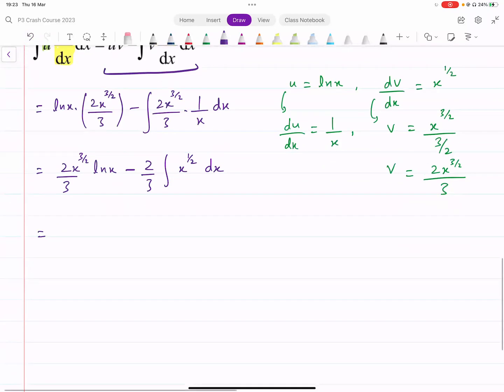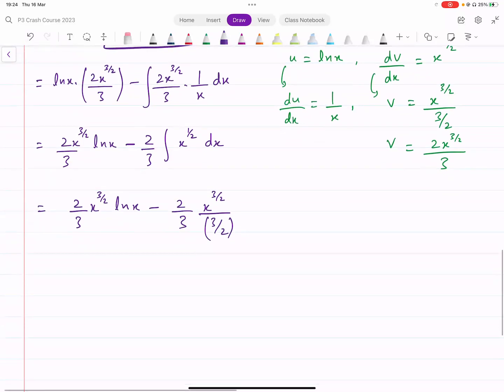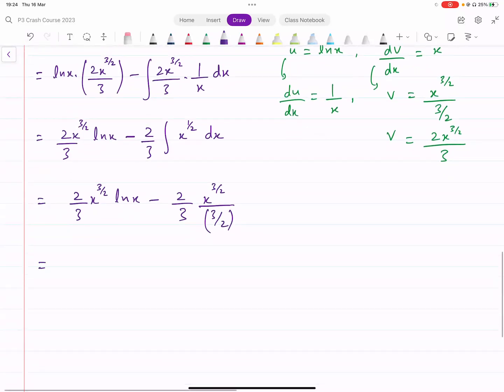Okay, let's integrate it. And that gives us minus 2 over 3 into x raised to power 1 over 2 plus 1, which is 3 over 2, divided by that increased power. So you divide by 3 over 2 here. Let's simplify this.